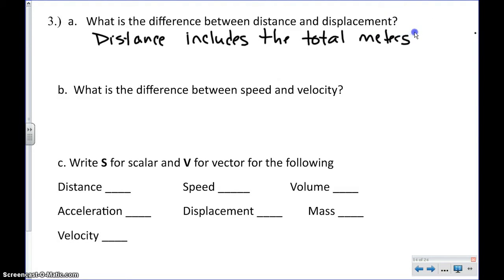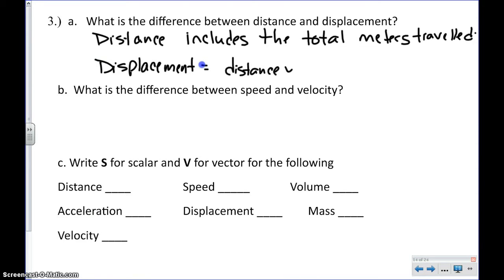Traveled. And then displacement is the distance you are from the start in like a straight line. So that's like when we were talking about how far I was standing, how many squares I was standing from the stool in the front of the room.